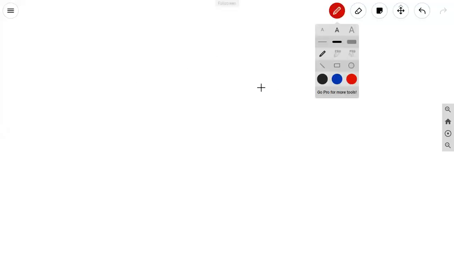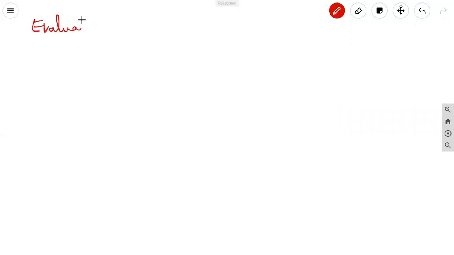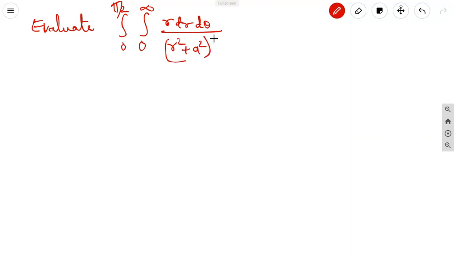Next problem. Evaluate the double integral from 0 to π/2, 0 to infinity, r dr dθ by (r² + a²)² is the problem.